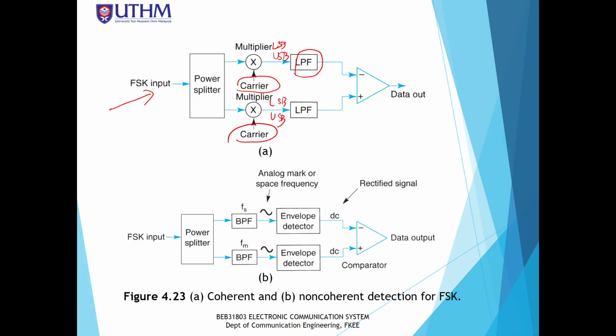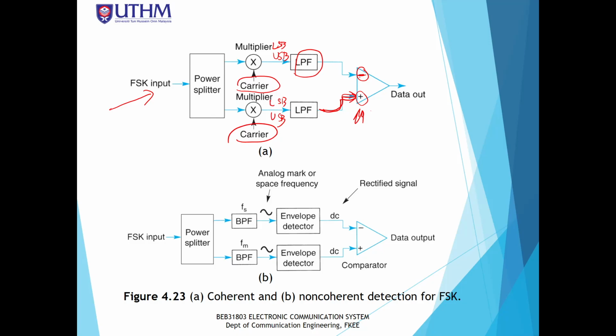Okay, and here this one will produce a positive output, and this is the negative. Positive here is a logic 1. So here the output, you see that here is plus and this is the minus.